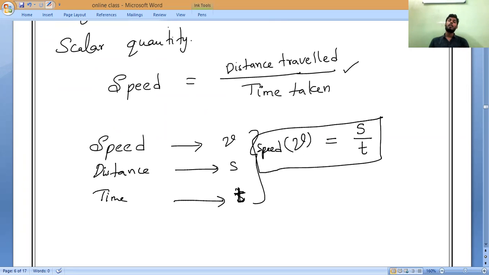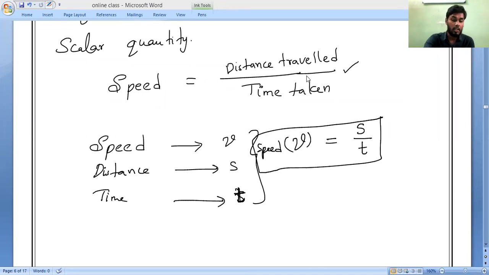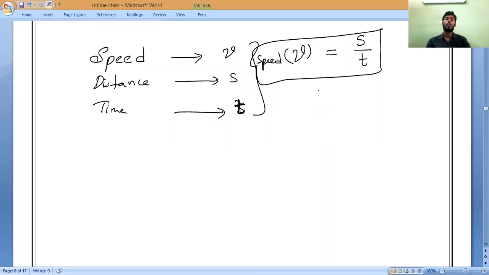Any doubt, everybody? So speed is equal to distance by time.